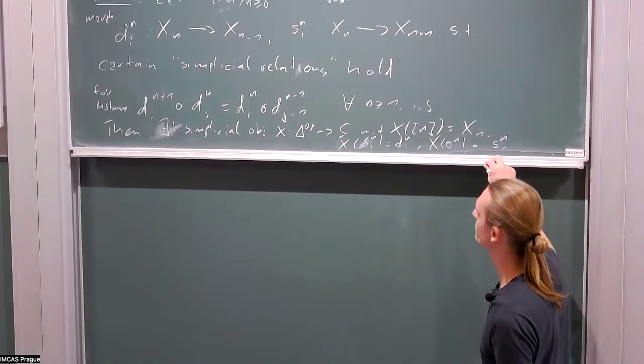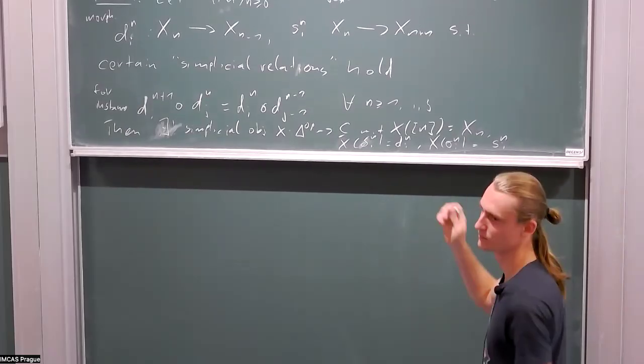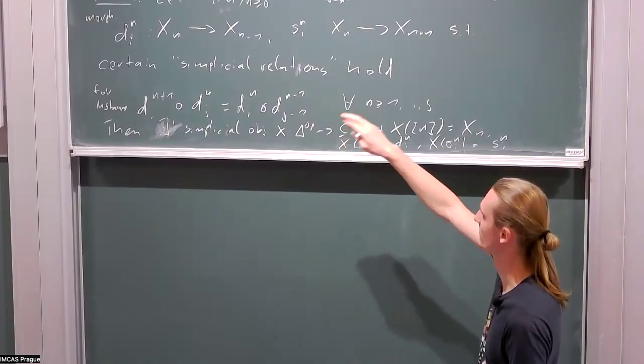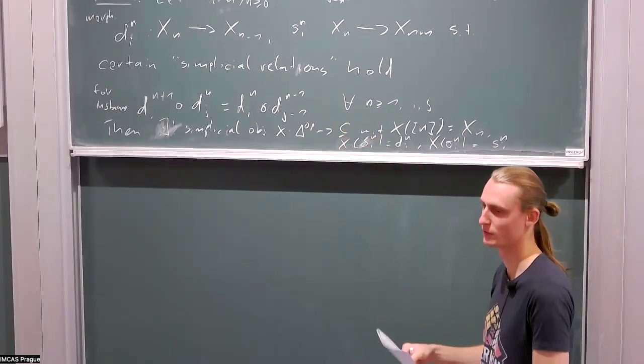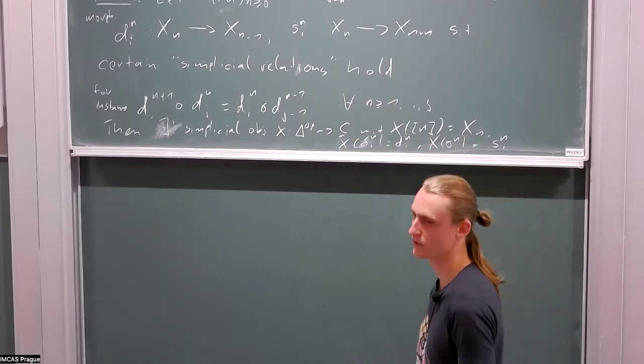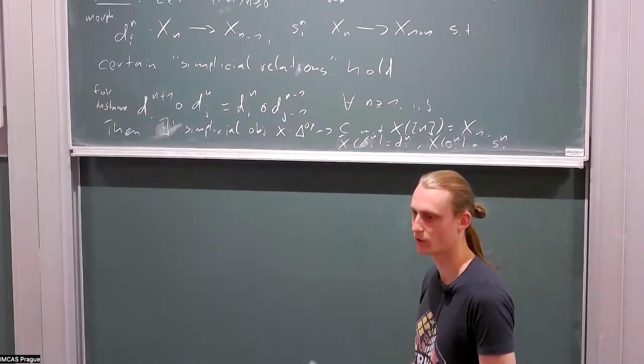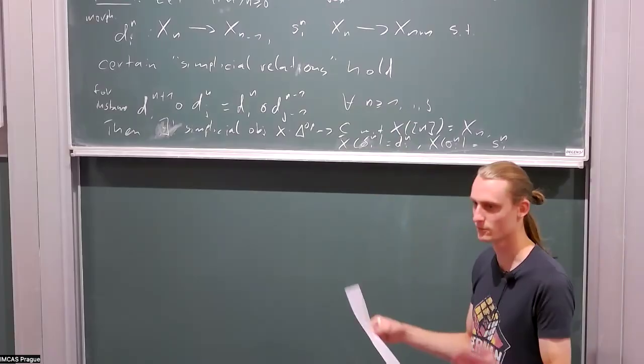So this is just a convention. A simplicial set is by definition a functor from the opposite category. If you would take the category itself, then you would get what is called a co-simplicial set. But you can also do that.